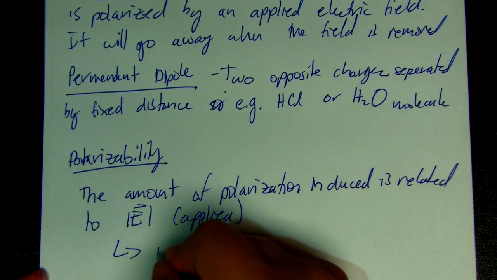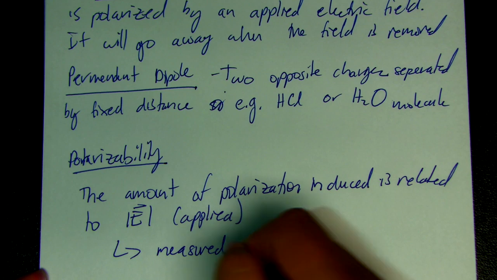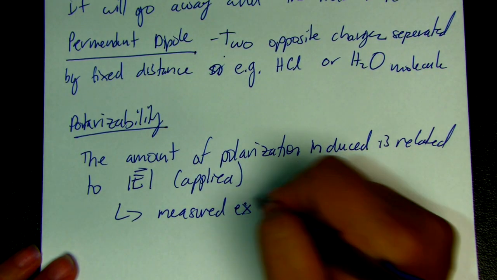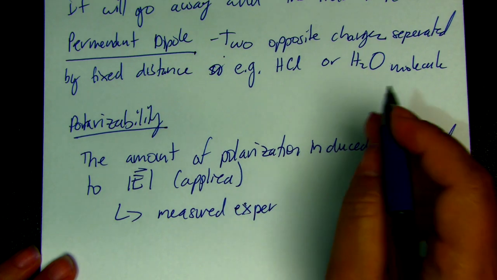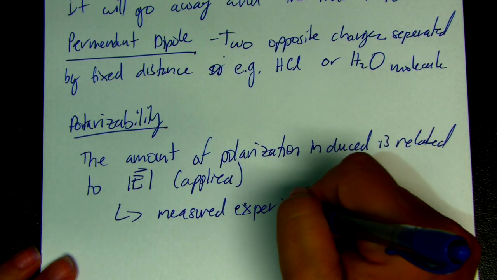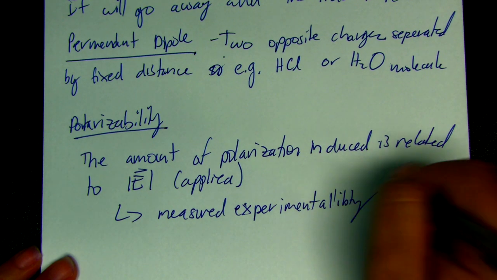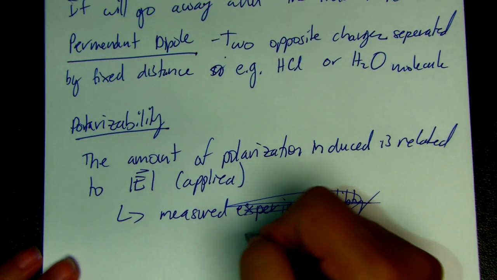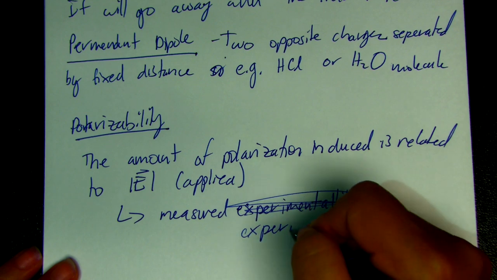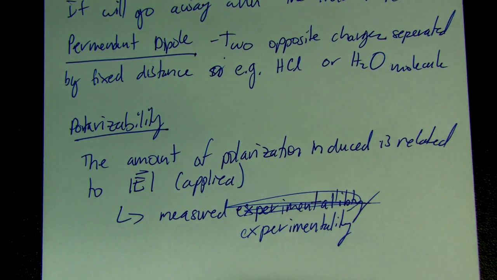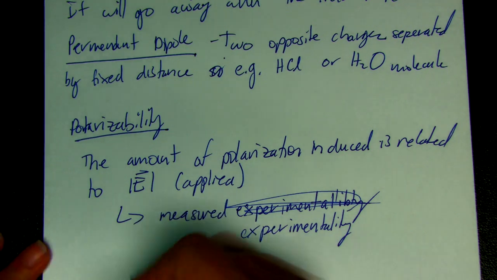And this is measured experimentally. There isn't a good theoretical model to predict an object's polarizability. And I know this because I went through all of the equations when I was working on my dissertation to derive polarizability of different materials based on different properties, and you have to measure some of the constants experimentally.